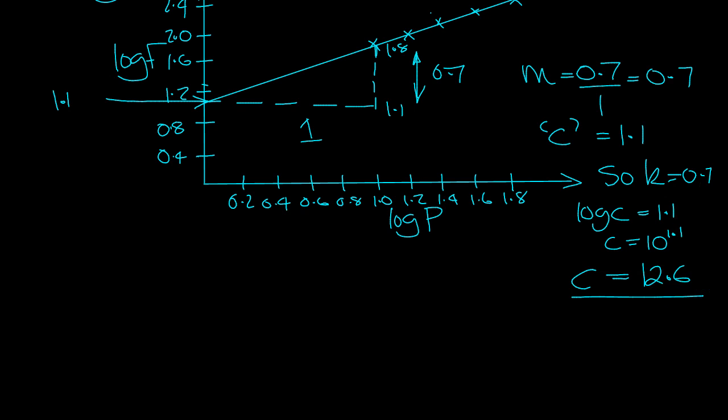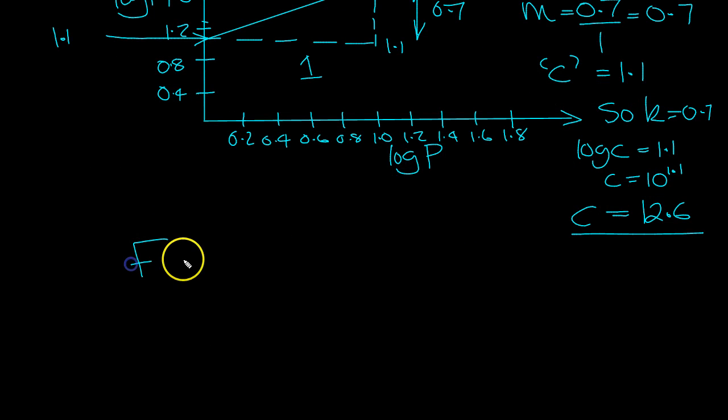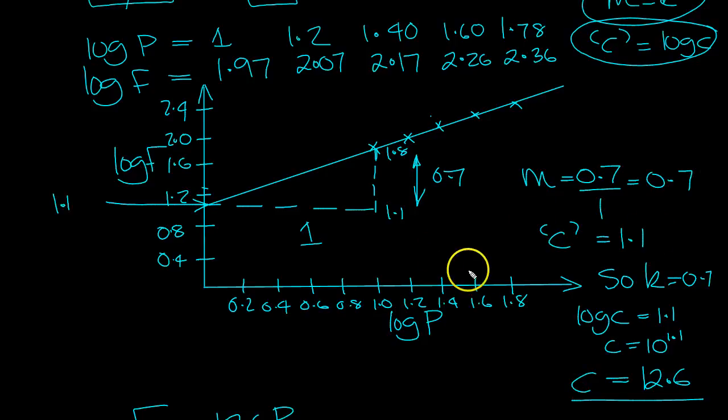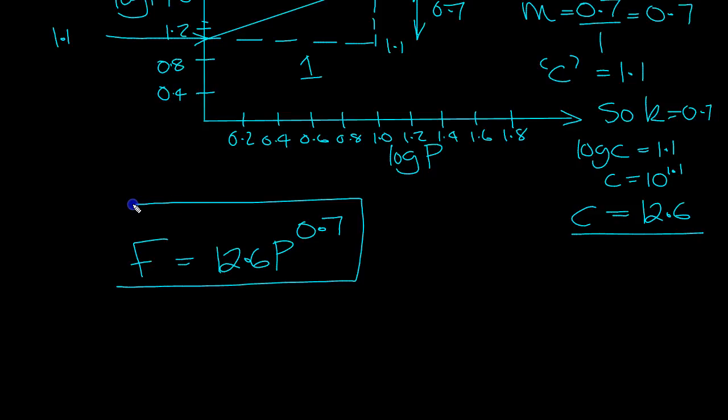So there's our value of C in the original. And F equals CP to the K. F equals C P to the K. And what was K? 0.7. So that's what we've got then in that question for 5.